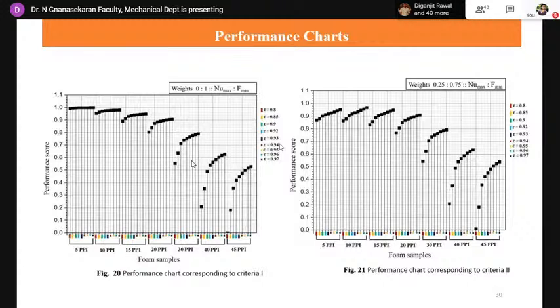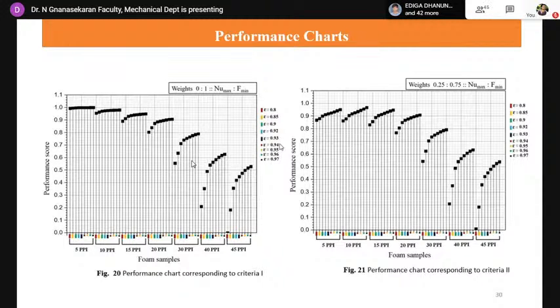For any given porosity, you can choose 5 PPI metal foam when we are concentrating on the friction factor with 100% weightage. For the range of given porosity for 5 PPI, the performance score is closer to 1.